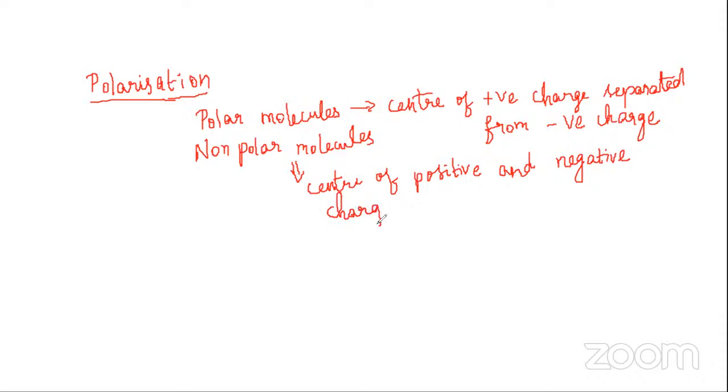This is the difference between the polar and non-polar molecules. So polar molecules have a dipole moment even in the absence of an external electric field. They have dipole moments for different molecules, but for non-polar molecules, you won't have any dipole moment.